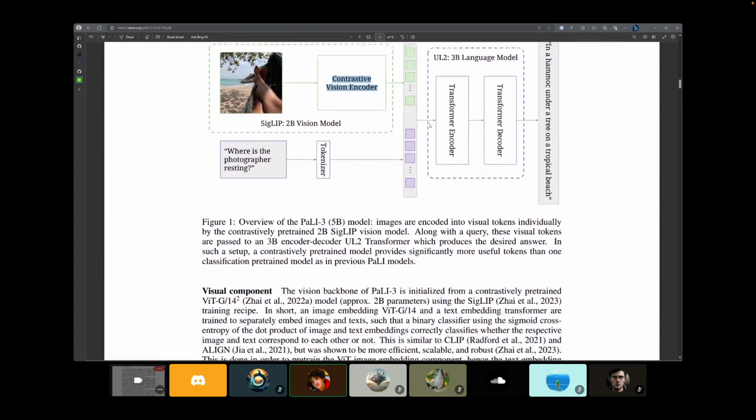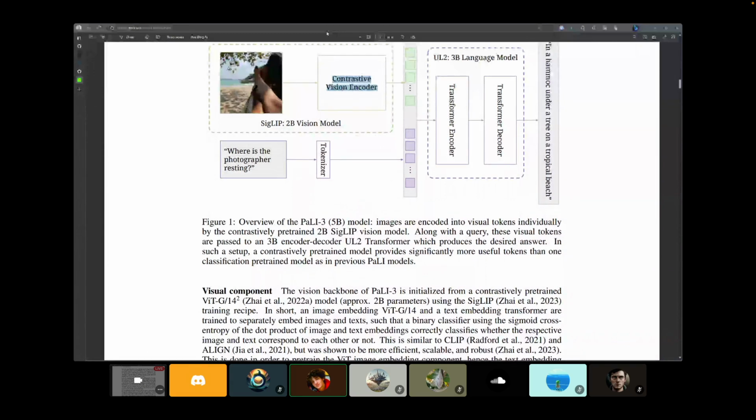Images are encoded into vision tokens individually by the ViT model. Along with a query, these visual tokens are passed through a 3 billion encoder-decoder UL2 transformer, which produces the desired answer. In such a setup, a contrastively pre-trained model provides significantly more useful tokens than the one classification pre-trained, as in previous PaLI models.